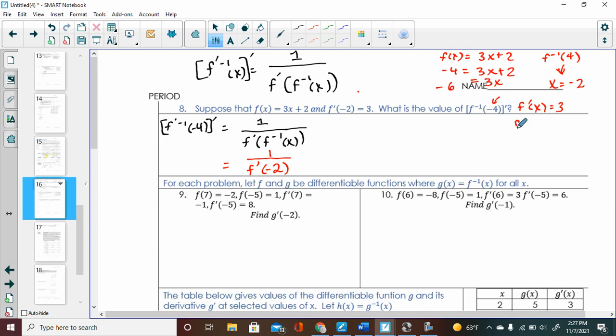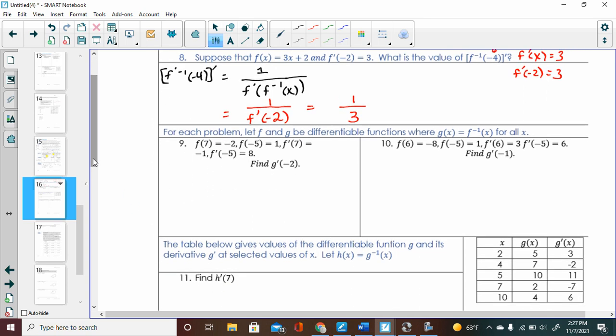That means when the input is negative 2, I'm going to get 3. All right, so far so good. So that means this equals 1 over 3. And I'm done. All right. So let's move to another problem.